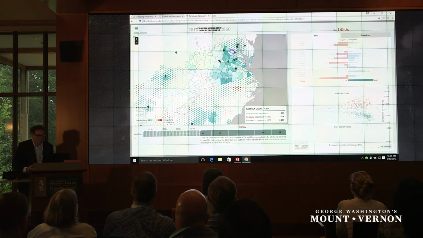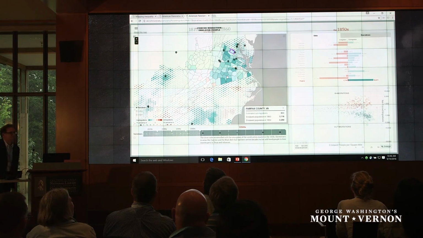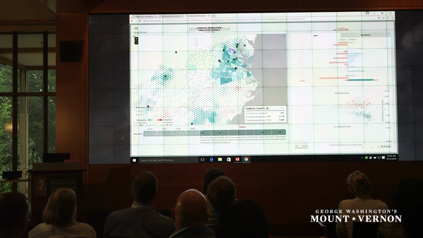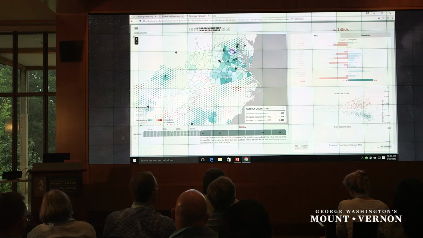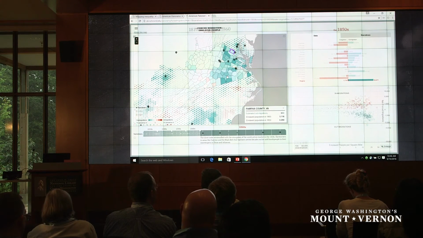Like Rob said, the issue with this is we're dealing with census data over an extended period of time. Counties change a lot. Counties go away, new counties appear, which is problematic when you're trying to compare 1810 to 1850. So the way we got around this is a method called areal interpolation. What you do, to compare one county to another, is you intersect these counties, right? And then you assume an equal distribution across both counties.